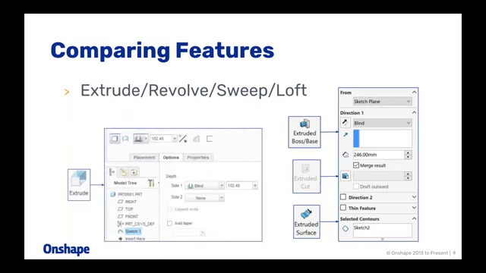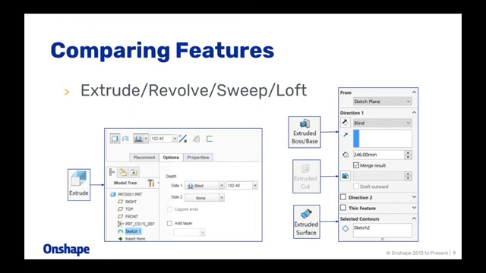Now, Creo's got it better because you are generically extruding, and then it gives you the option to be solid or surface, or if it's a cut, it gives you the cut option, or you can thicken it in here. And so from one feature, we'll give you all the different types of features, whether it's an extrude and a cut or a surface.